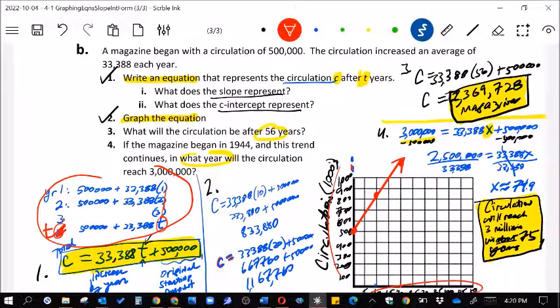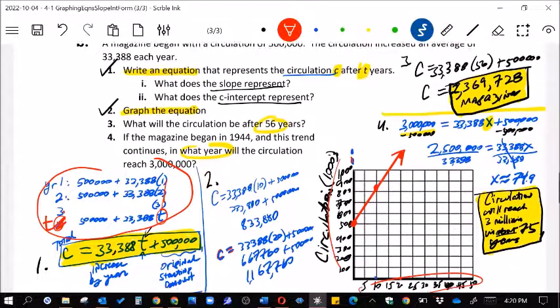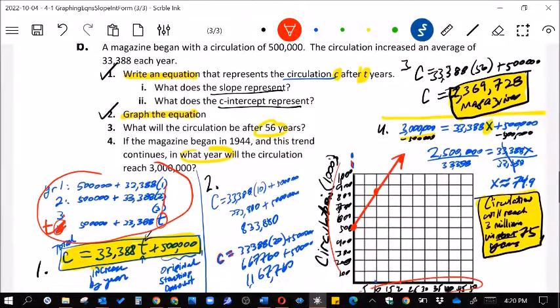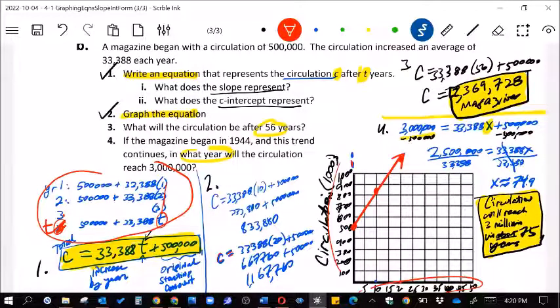And that gives us the equation, and that's actually a slope and the y-intercept in it. And then you can use that to graph it. So using a couple of points here, I could graph and see what it looks like. And that could be different if I use different numbers on the sides, but this still gives an idea for this one. Right. And that was the circulation after 56 years, and then how long it would take.